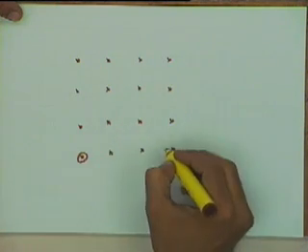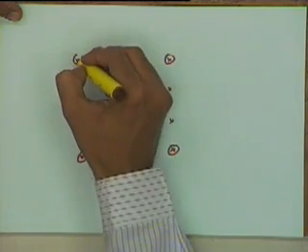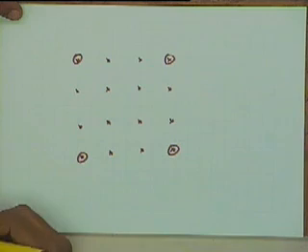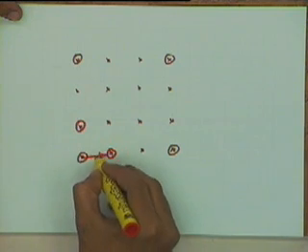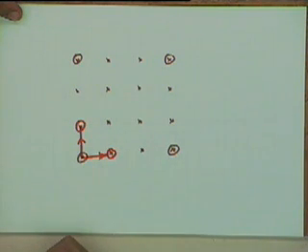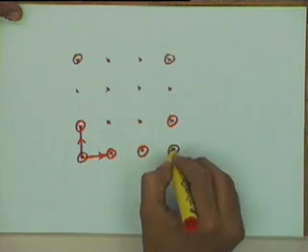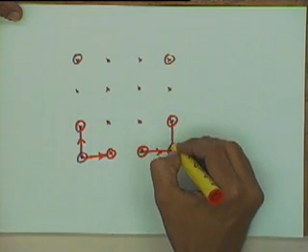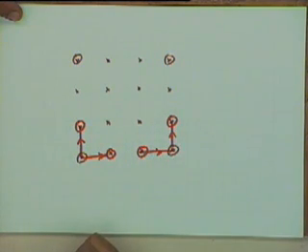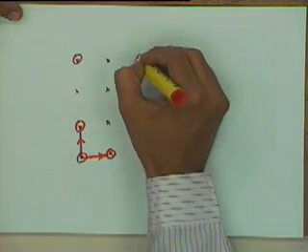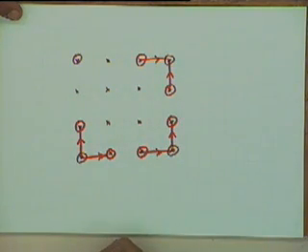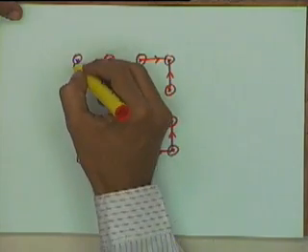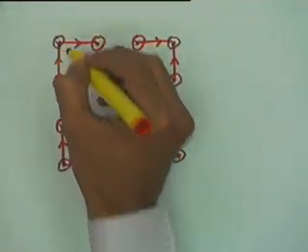These 4 points control the 4 corner points. These two will control the tangent vectors in these two directions. These two will control the tangent vectors in these two directions. These two will control the tangent vectors in these directions. These two will control the tangent vectors in these directions.